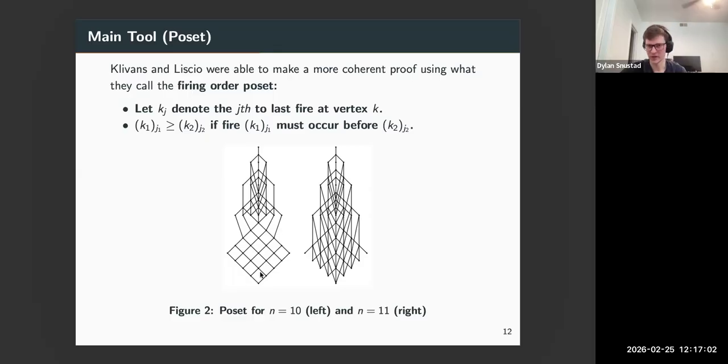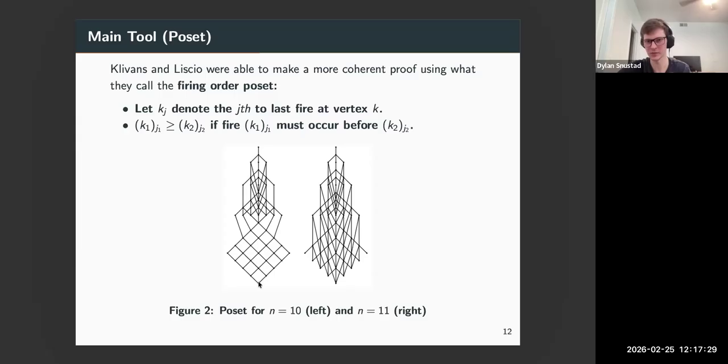The way to read this, I'll start with the 10 case. I think this is prettier to look at. Can people see my mouse if I move it? Okay, people can. Awesome. If I start with this bottom point on my diamond here, this represents the last fire that happens at vertex 0, my center vertex where I started.